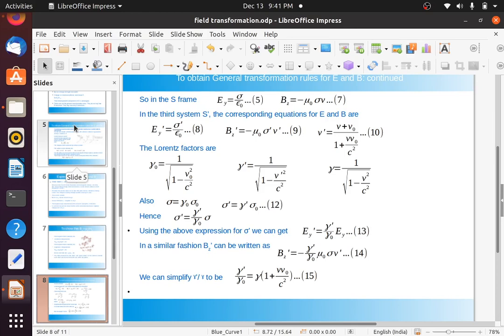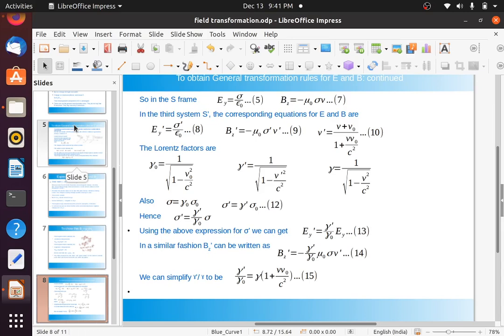Ey dash is equal to sigma dash divided by epsilon 0. Ey dash is the electric field measured in the S dash frame, so that is equal to the charge density measured in the S dash frame, that is sigma dash. And Bz dash is equal to minus mu 0 sigma dash V dash.